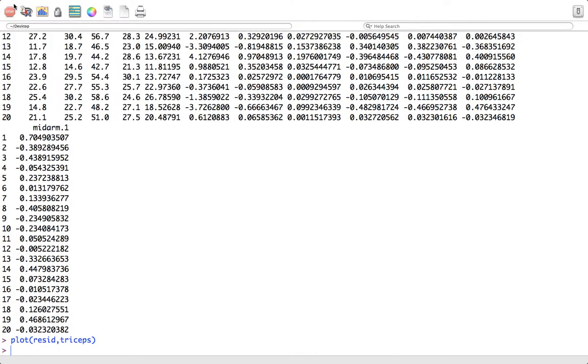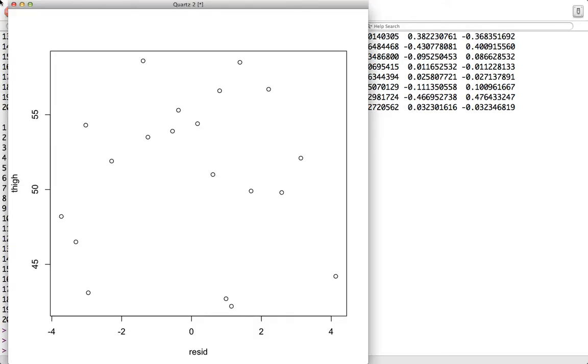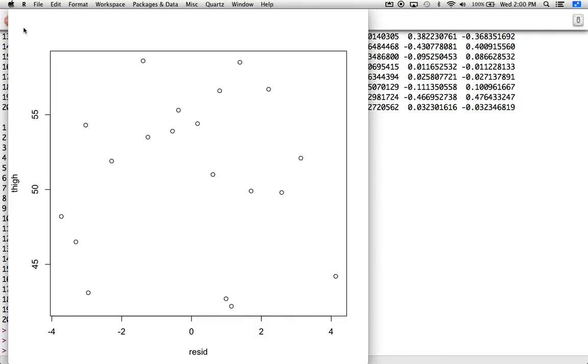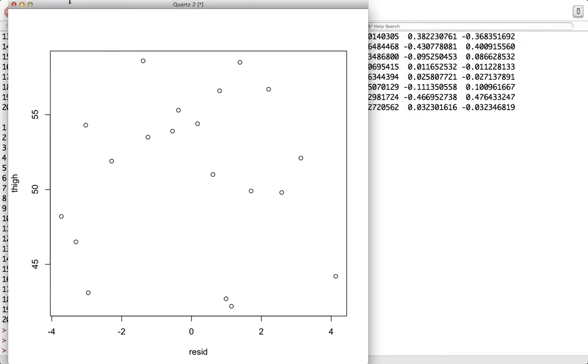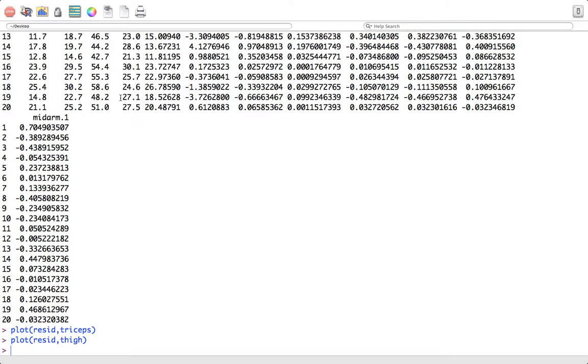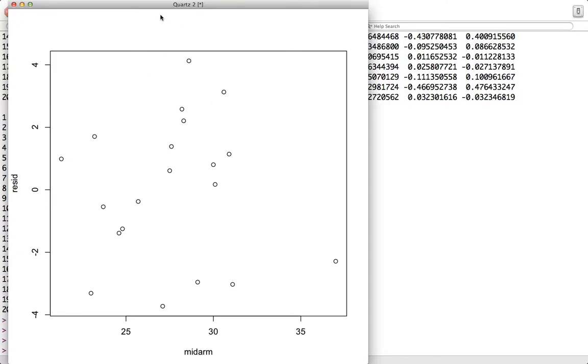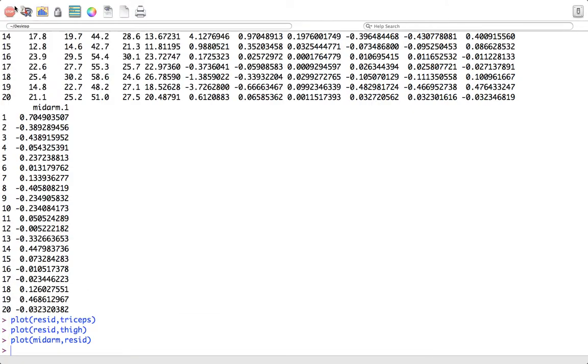No problems. Guys, I got that backwards. This should be plot, my bad. The X should go first. It's not going to matter, it's still going to be random. So we should, what was it, mid-arm, resids, and I see no problems.